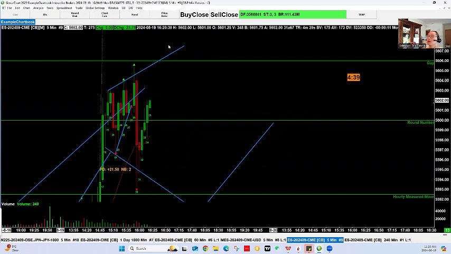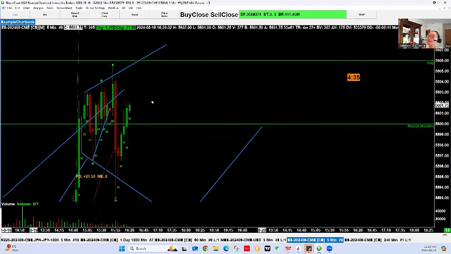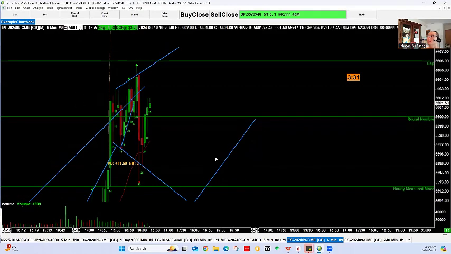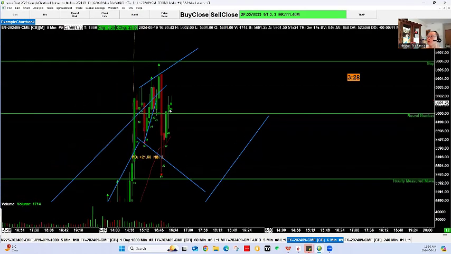It's possibly going higher. But this rally is weak, not strong enough. It may go back down and bounce, bounce, bounce, and go back to the middle.